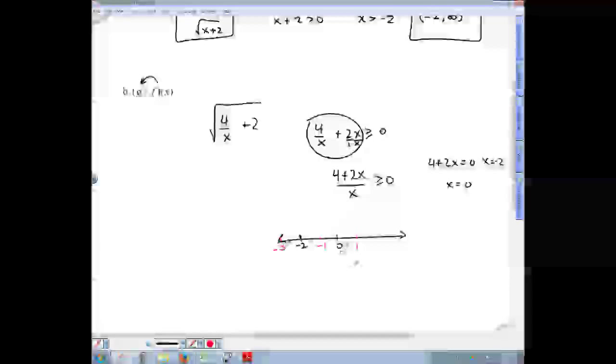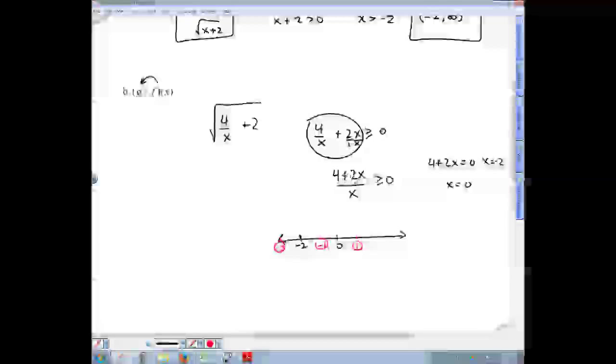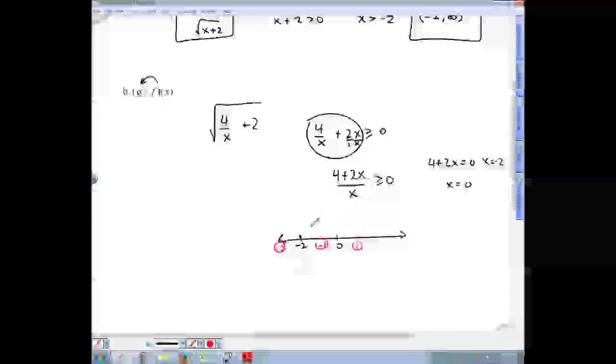The reason they're called test values is you take each of these test values and plug them into this expression to test whether it produces a positive or a negative value. If it produces a positive value, this whole entire region would be considered a positive region, and vice versa. If it produces a negative value, it would be considered a negative region.